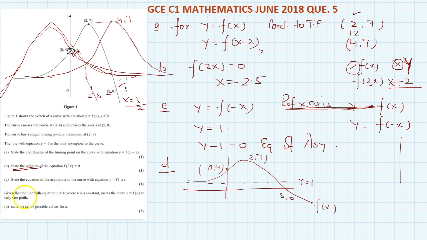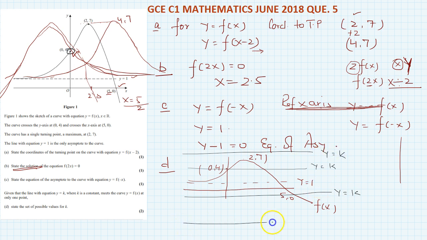Now given that the line with equation y is equal to k, this is y is equal to 1, so y is equal to k can be any line. This is y is equal to k, this is y is equal to k, this one is y is equal to k. It meets the curve at only one point.